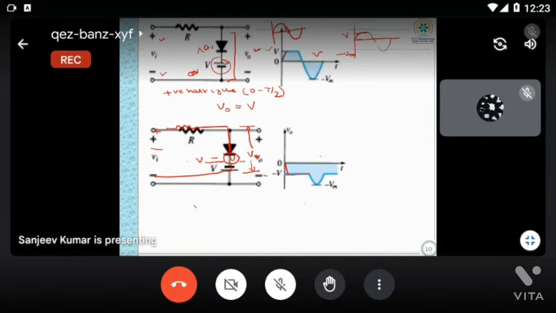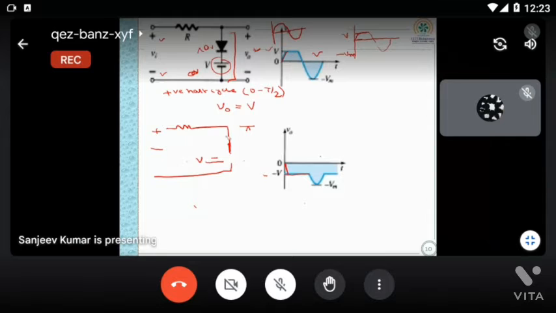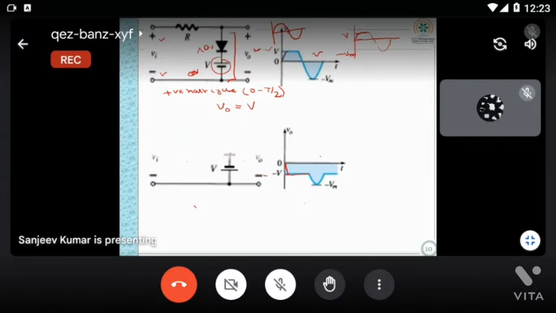If you see the circuit diagram, here only this V is changed, the polarity is changed.